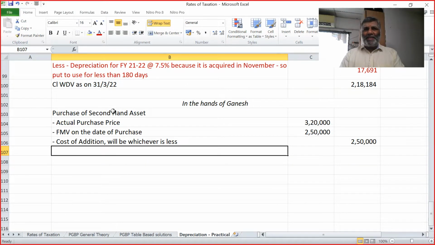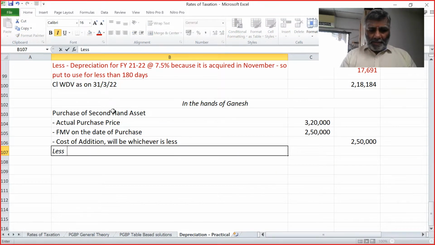As far as Ganesh is concerned, he is purchasing a second hand asset. Less depreciation for the financial year 2021.